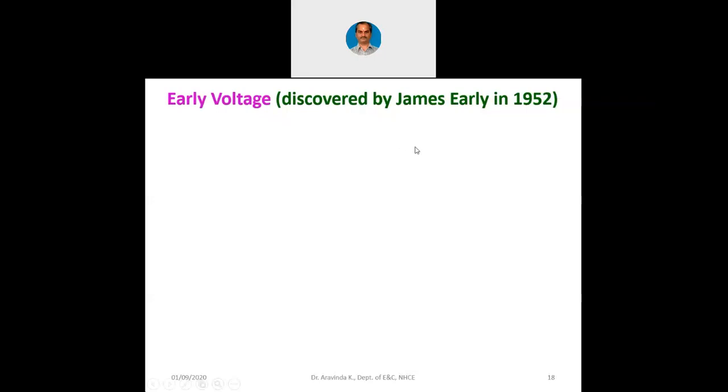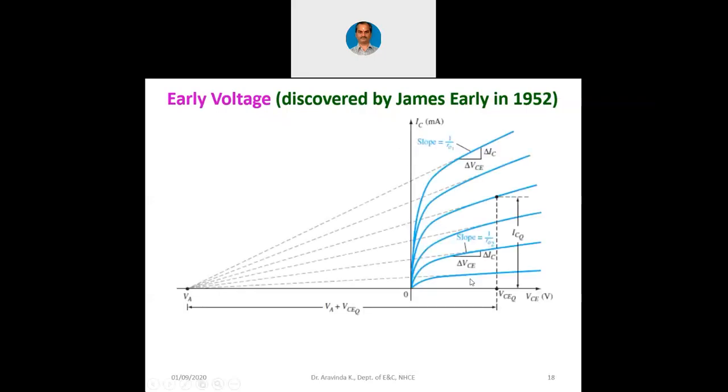Now let me tell what this early voltage is. We have the output characteristics of the transistor, and for a given base current we can find the output resistance as delta VCE by delta IC for a given slope.